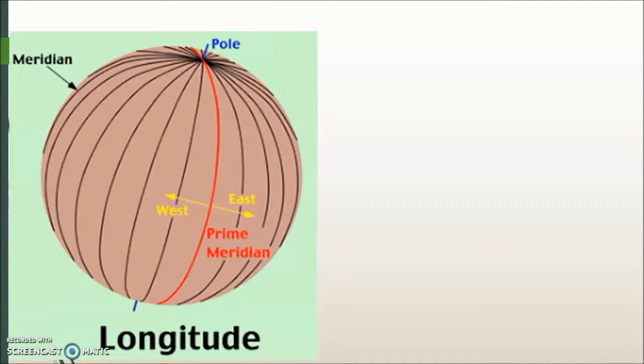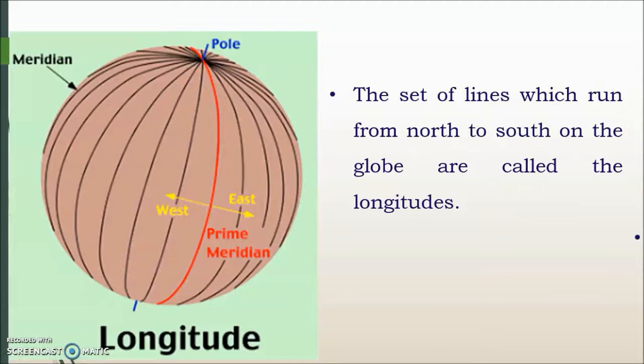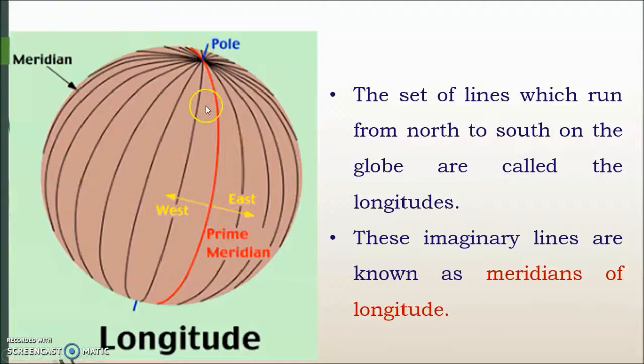The set of lines which run from north to south on the globe are called longitudes. These imaginary lines are also known as the Meridians of Longitude.